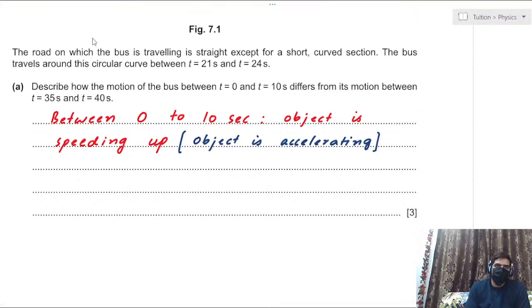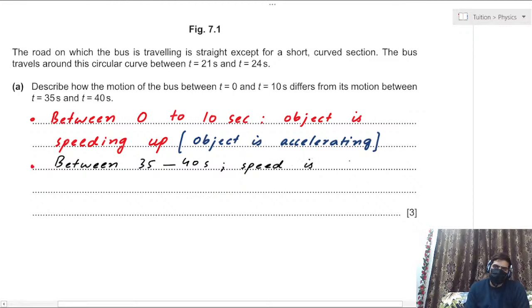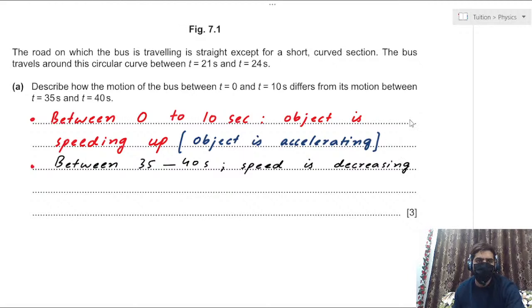So I'll write here, between 35 and 40 second, speed is decreasing.